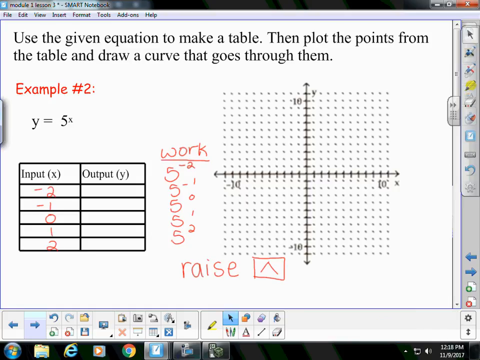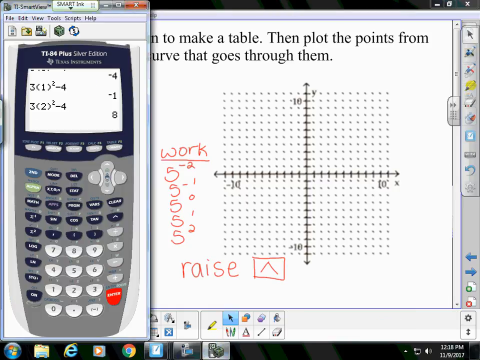I'll grab my calculator out and clear out my old work. I'm going to say 5, then the raised key, which puts a little box up in the air, and I'm going to put a negative 2. Make sure you use the negative sign and not the minus sign.